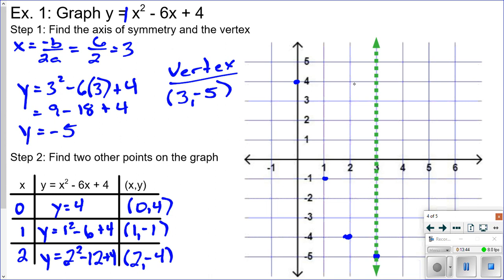Look and see how far away it is from the axis of symmetry. It's 1, 2, 3 units. So go 3 units to the other side. 1, 2, 3. And there's its mirror over there. This point is 2 units away, so mirror it 2 units away on the other side. This point is 1 unit away, so mirror it 1 unit away on the other side. So I didn't need to plug in points over here. Plug in points just on one side and then mirror them over the axis of symmetry.